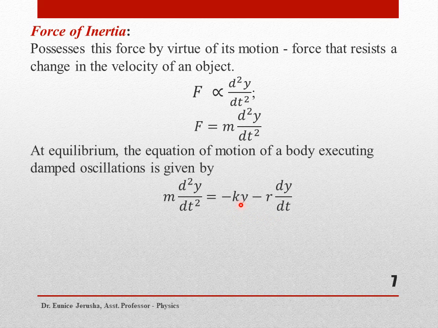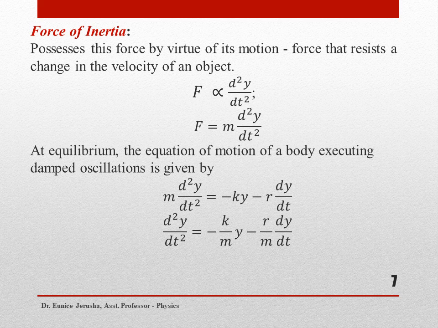Ky we saw is due to the restoring force, and R dy by dt is due to the frictional force or the damping force. We now divide this equation by m and we have d square y by dt square equal to minus k by m y minus R by m dy by dt.